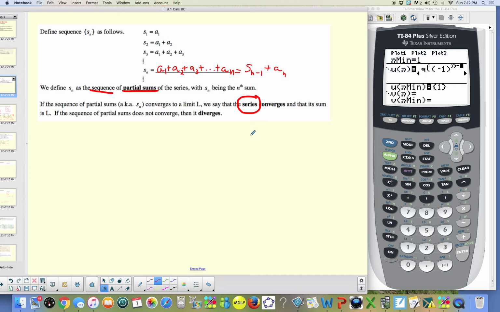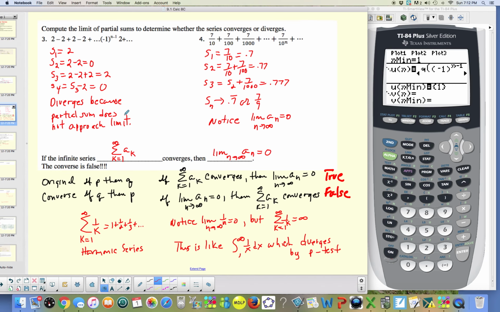When this converges, we say that this sum converges to some limit L. And if the sequence of partial sums does not converge, that means it's not approaching a limit, and we say it diverges. Let's take a look at an example of some partial sums so that you can see the difference between converging and diverging.